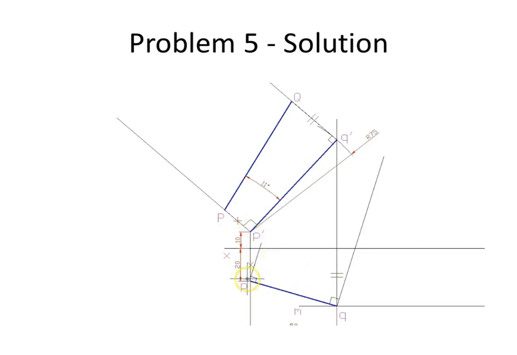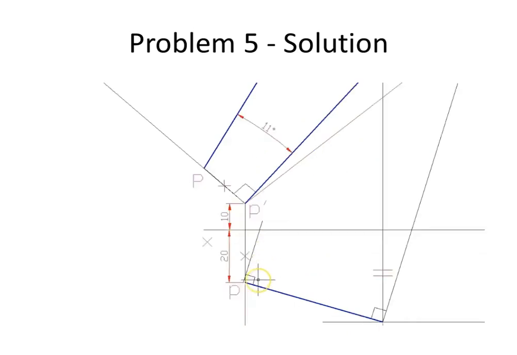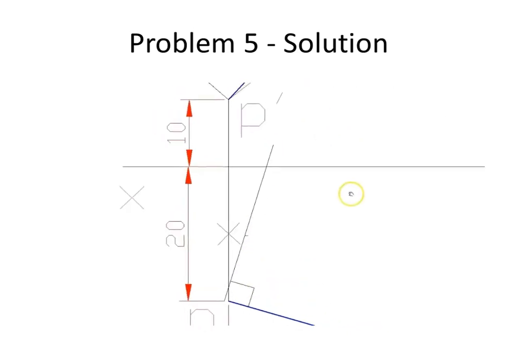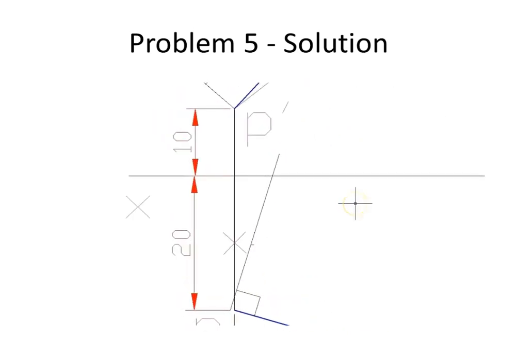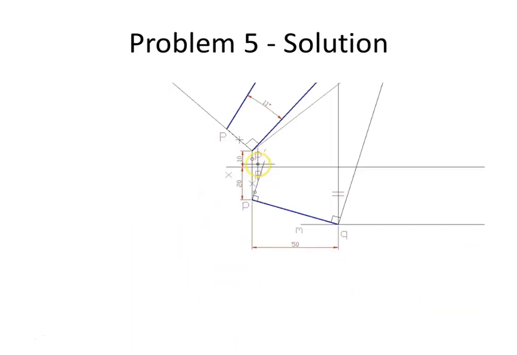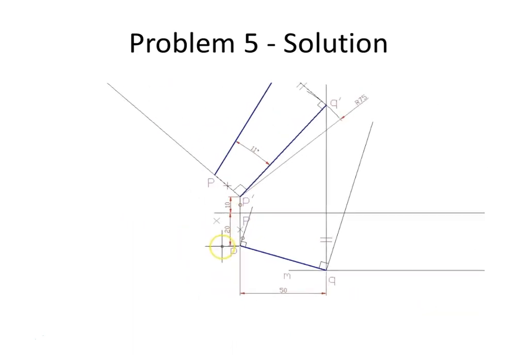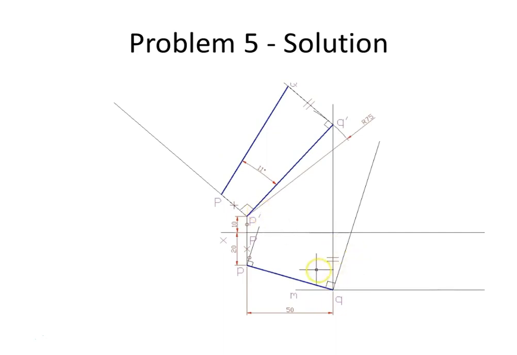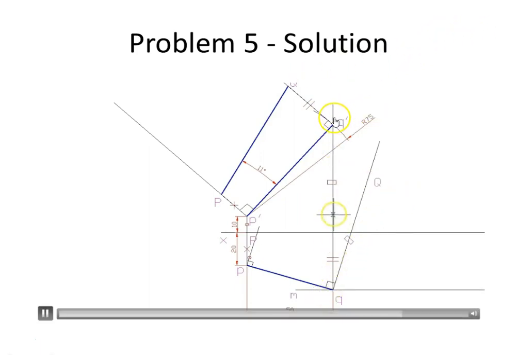So you draw, again project the distance. 10 mm is projected on from P. And for Q, that distance from Q dash to the XY line, that distance is marked.